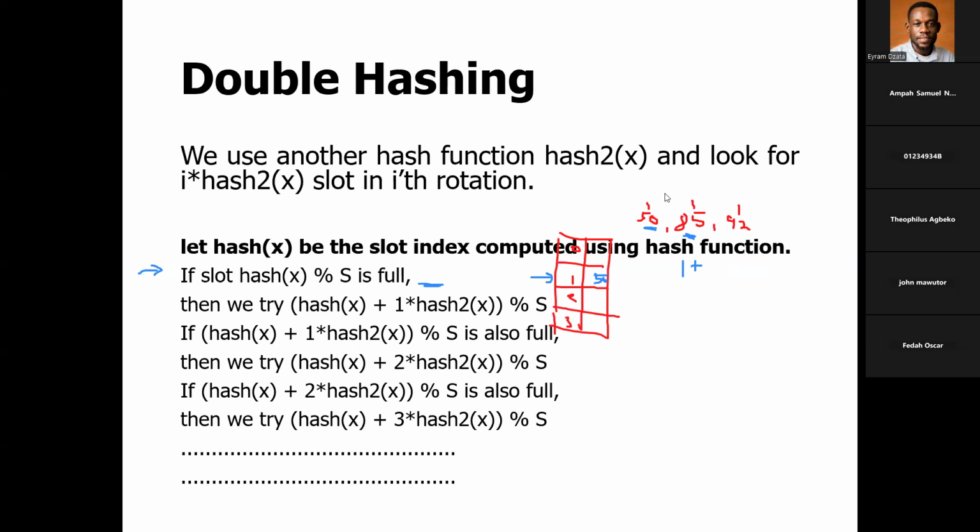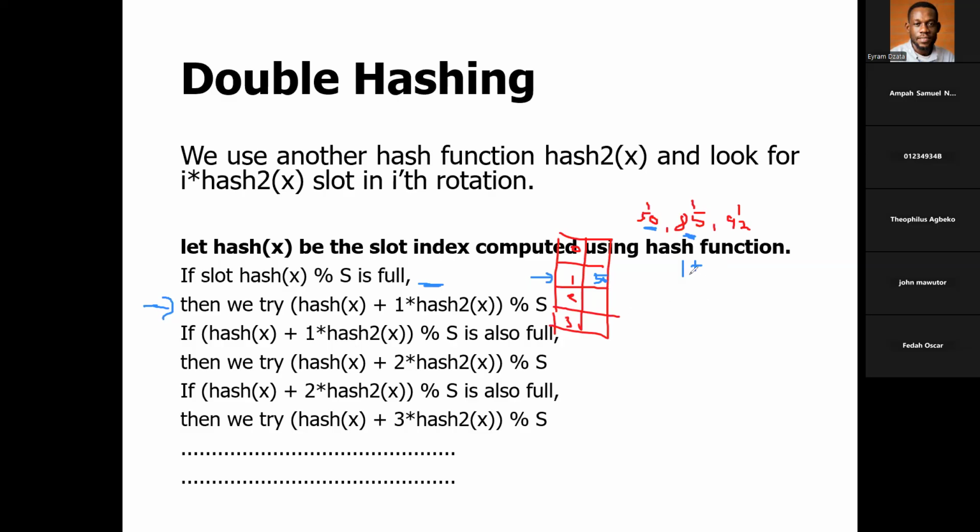So double hashing. Okay. I hope you appreciate where I'm starting the explanation from. So we are assuming 50 goes to index 1, okay, and then 85. 85 is also giving us index 1, which is full, occupied by 50. So it says we try double hashing. Okay.